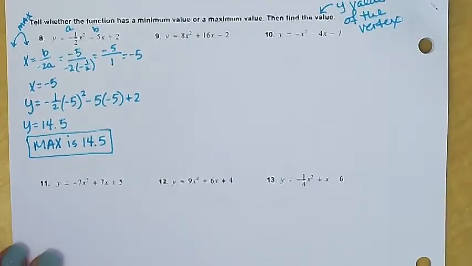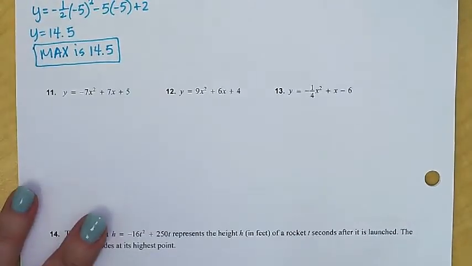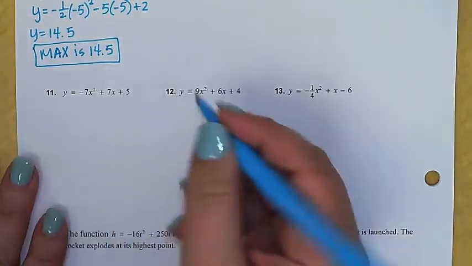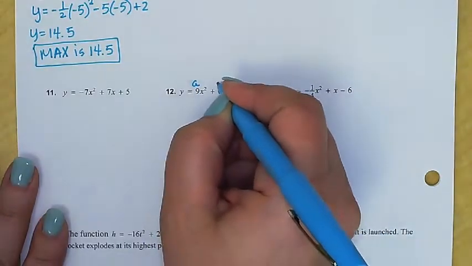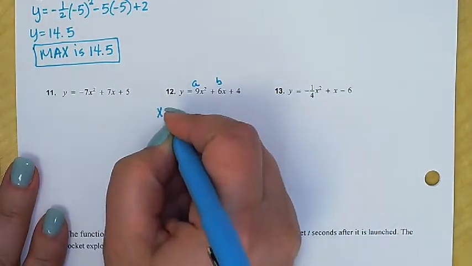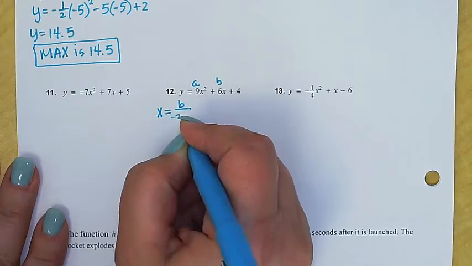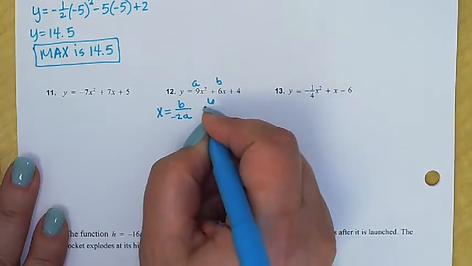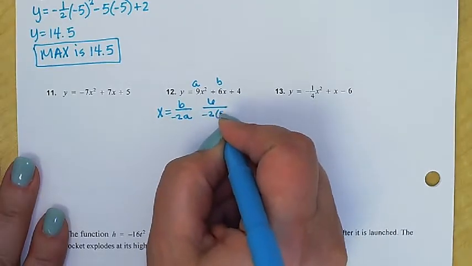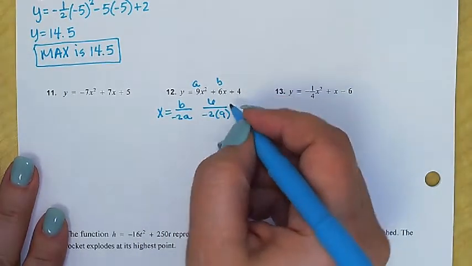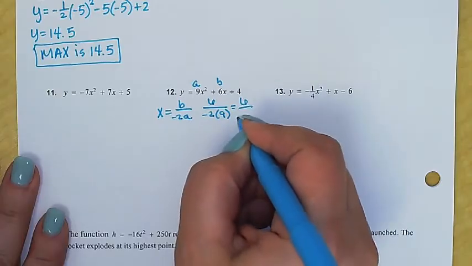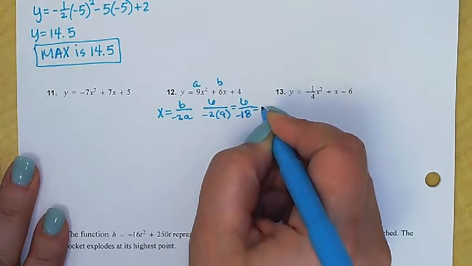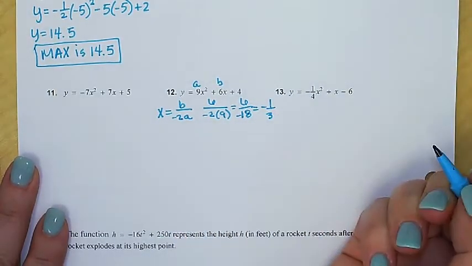Okay. If we feel good about that, then we'll wrap up with that. So on number 12, same thing. We're going to do a is 9, b is 6. We'll first find our x value using our handy formula. So b over -2 times 9. That's really 6 over -18, which is just -1/3.